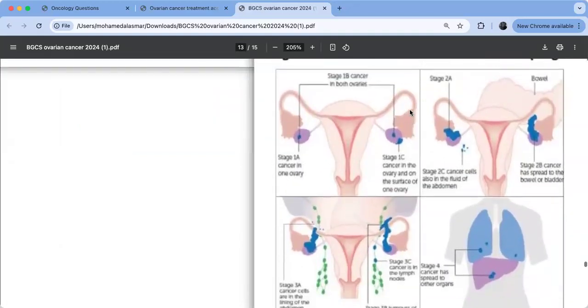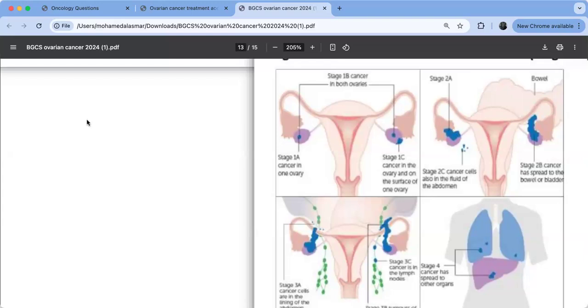So very early stages, like stage 1A, for example, no need for chemotherapy at all or adjuvant therapy. But from stage 2 and 3, we go for adjuvant chemotherapy. In advanced disease, some cases of 3 to 4, we will do neoadjuvant, then debulking surgery, then followed by adjuvant chemotherapy, 3 and 3.